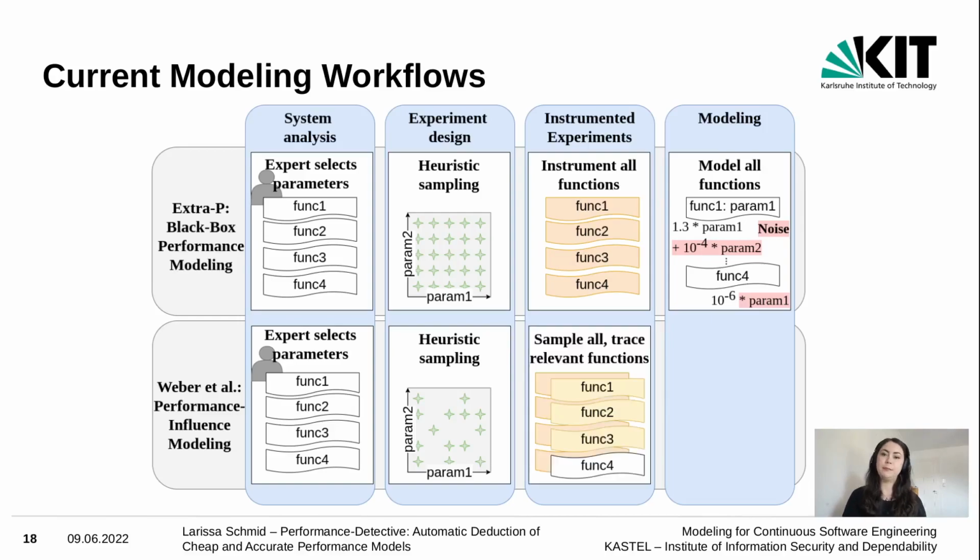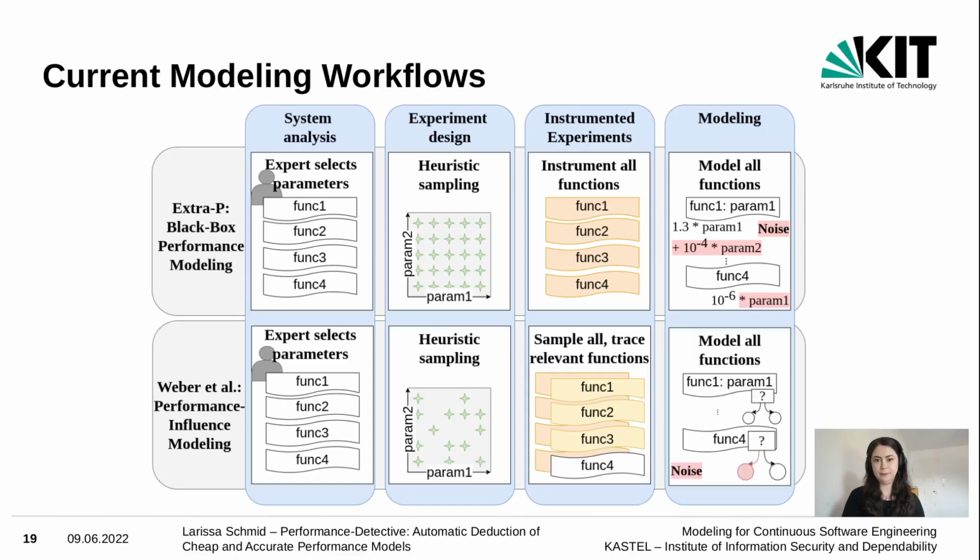For the experiments, they use a 2-step process, where they first sample all functions and try to learn models for them. And in case they cannot learn an accurate model, they trace these functions to learn more accurate models of them. And their modeling method is decision trees, also potentially including noise, as they have no knowledge about the real dependencies from parameter to performance.